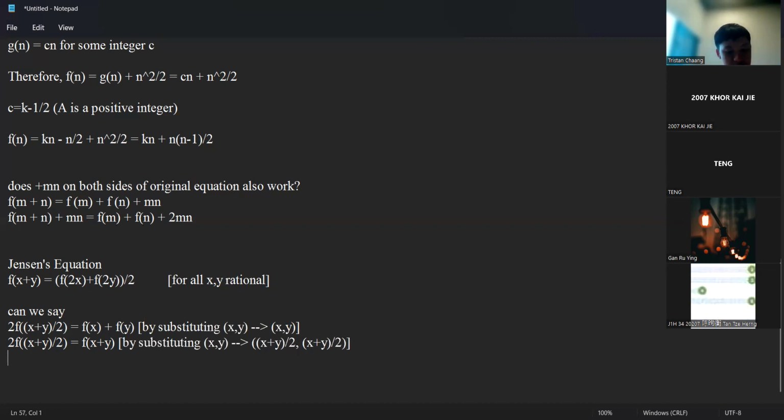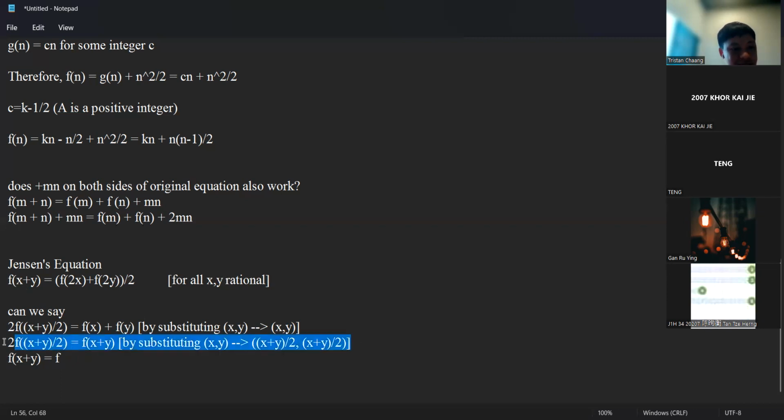And then you get a Cauchy equation, and then you're done. Wait, is it? It doesn't seem right. Oh wait, it doesn't, right?